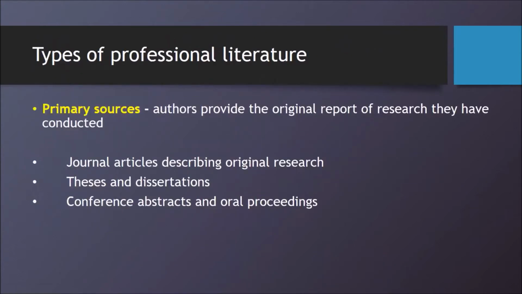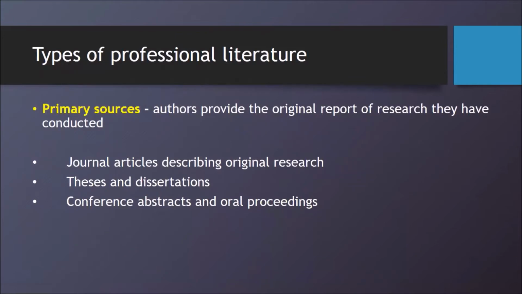Before jumping on to literature review and its classification, we should know the types of professional literature available to us. They are mainly of two types: the primary source and the secondary source. Primary sources are the author's original report of research which they have conducted. This information is available as journal articles described under the heading of original research, theses and dissertations, conference abstracts, and oral presentations.